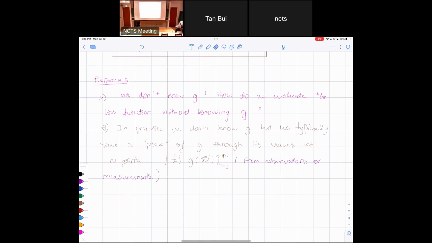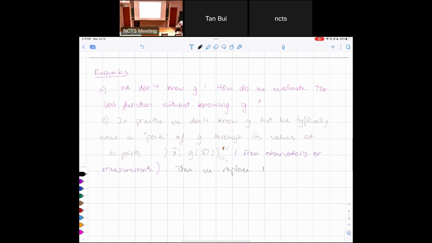Now the question is, of course, still, we replace the risk minimization problem. By the way, this is also risk minimization. I'm sorry. So let me introduce the risk minimization problem.